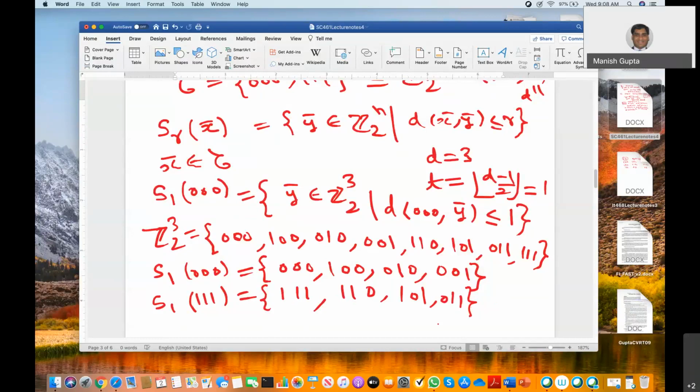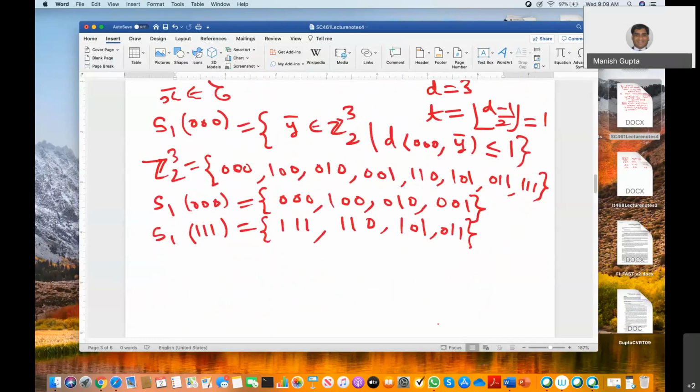Now what you observe here is a very beautiful thing: the intersection of S1(000) with S1(111) is empty. These two sets are disjoint; there is nothing common between the two spheres.